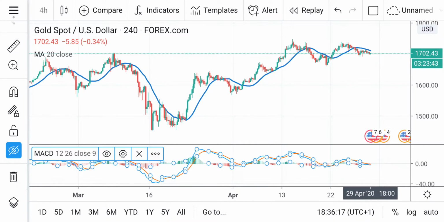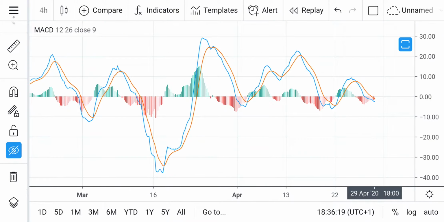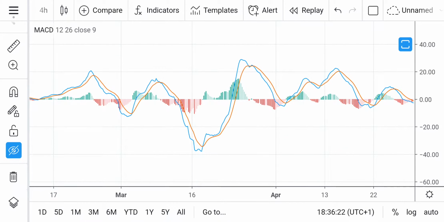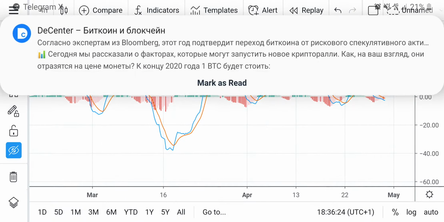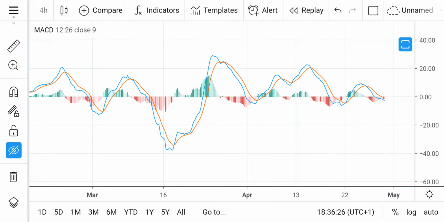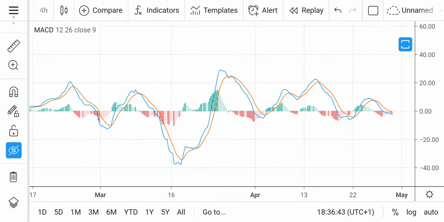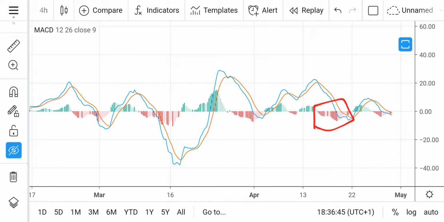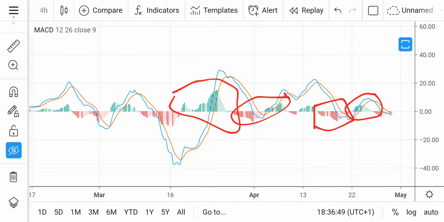So let me talk about the indicator properly. There are three components to this indicator. We have the MACD line, that's the blue line, and we have the signal line, that's the orange line, and we have the histogram, that's these red and green bars over here.